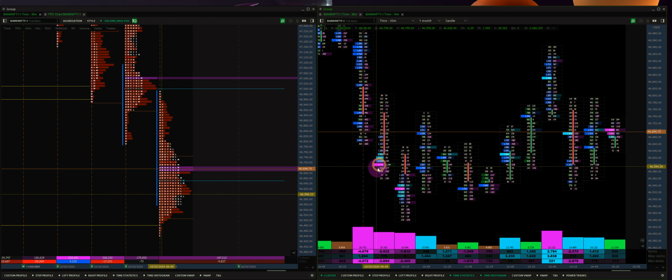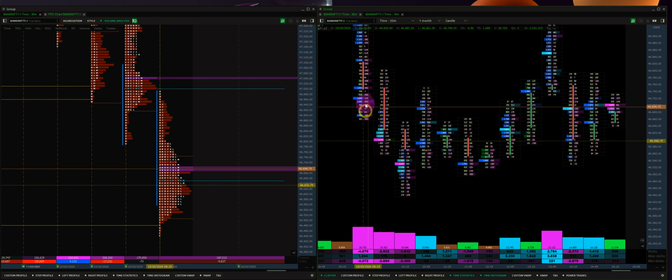For example, the magenta over here shows that in this session up till this time, this is one of the highest volumes or the POCs for a 30-minute bar, which is the highest in nature. Now this helps me decide how and when I should mark that zone to be important, or whether it should be of significance to me.